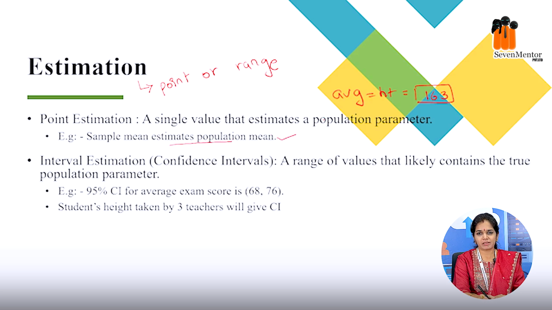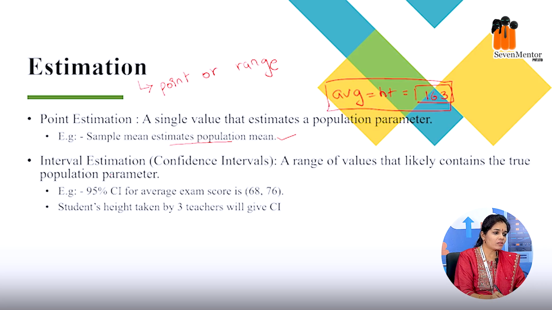Instead of taking the heights of all 50 or 60 children in a class, we can take just 10 to 15 students' heights and conclude that the average height is 163.